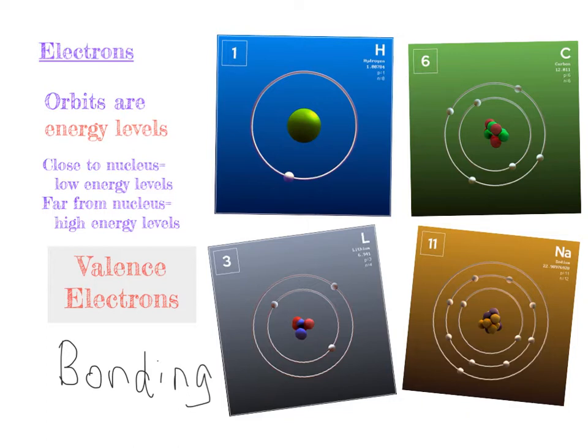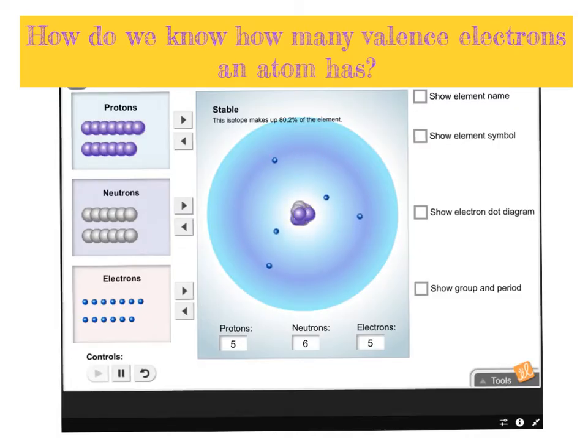Chemical bonding is important because that's when we take different atoms and put them together and we end up with a chemical change. For example, we could have 2 hydrogen atoms and 1 oxygen atom, and they bond together due to their valence electrons, and they create water, which is something very important to us.